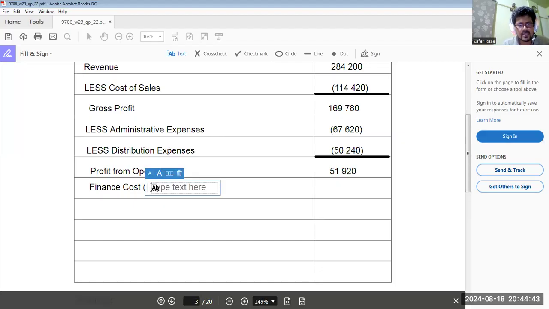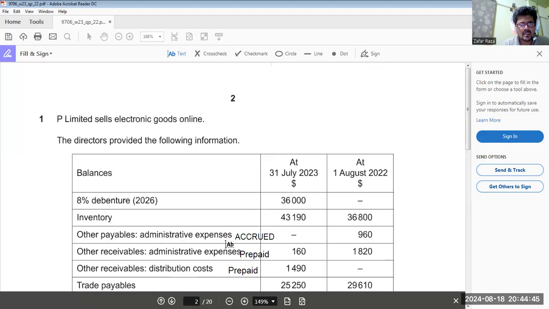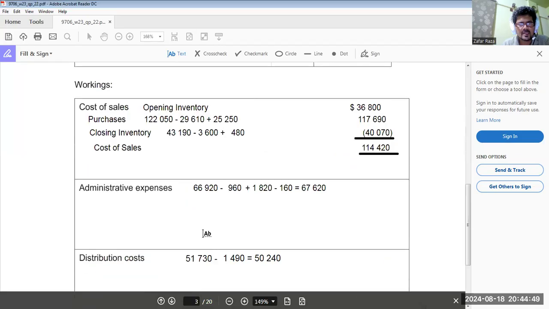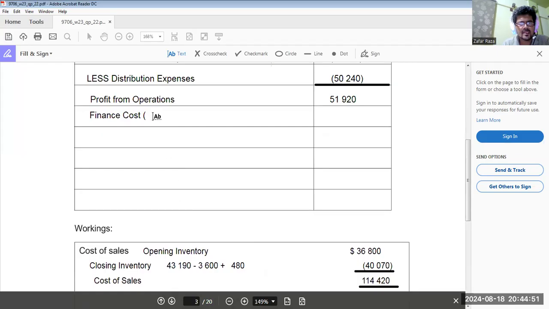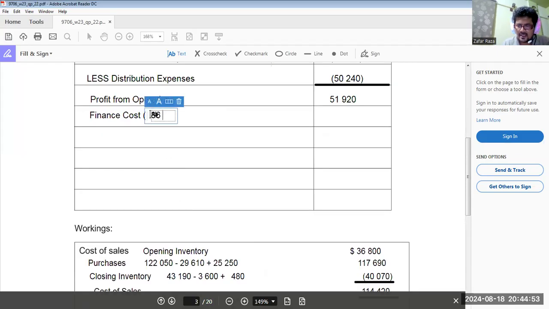So that was 36,000 multiplied by 8% multiplied by 4/12. So that would be 960.